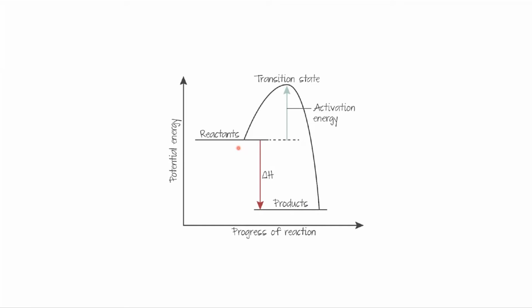How much energy is absorbed compared to how much energy is released, that is what determines if it is an exothermic reaction or an endothermic reaction. If more is absorbed and less is released, that is endothermic. If more is released and less is absorbed, then it is an exothermic reaction.